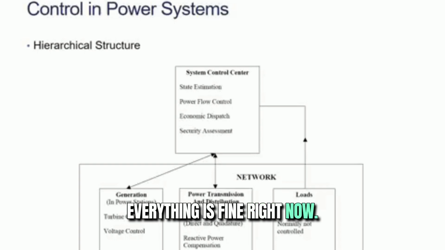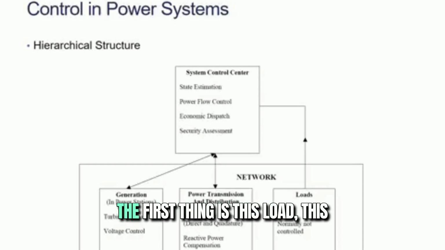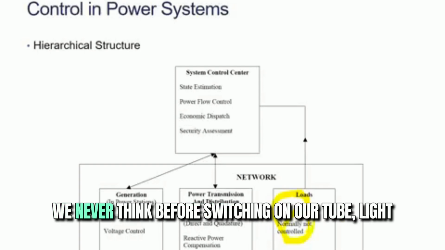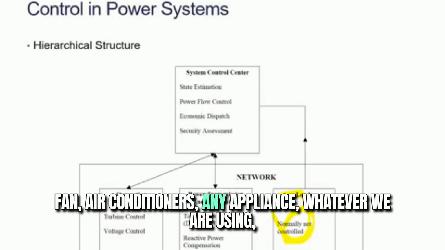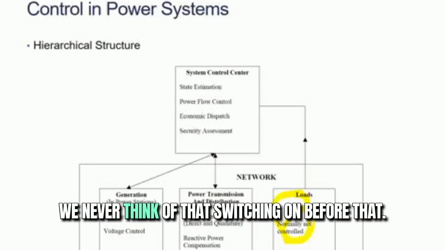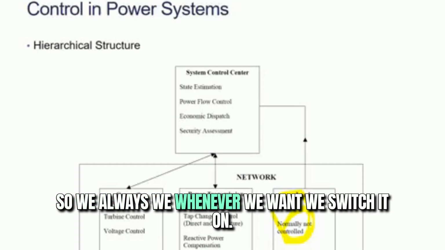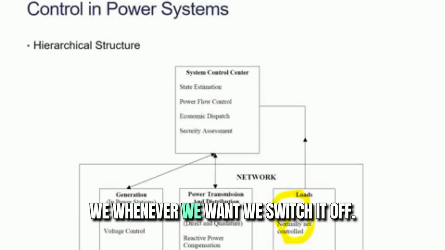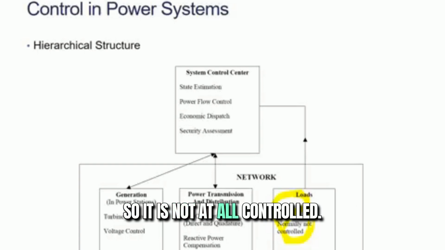Now what happens? The first thing is the load, which is not at all controlled. We never think before switching on our tube light, fan, air conditioner, or any appliance. Whenever we want we switch it on, and whenever we want we switch it off. So it is not at all controlled.